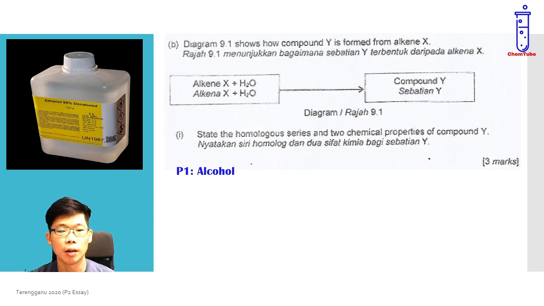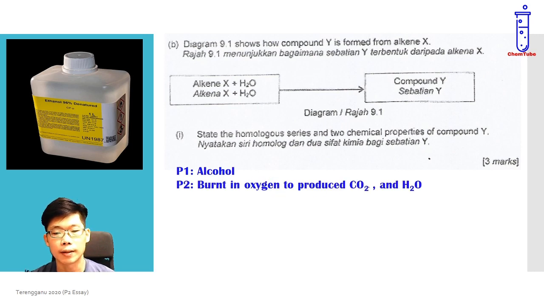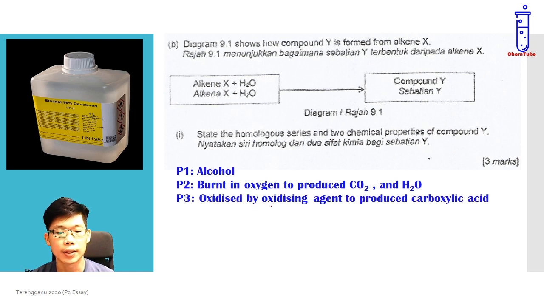So the homologous series for the compound Y is alcohol. Then the 2 chemical properties of the alcohol: it can burn in oxygen to produce carbon dioxide and water, and it can be oxidized by an oxidizing agent to produce a carboxylic acid. So 3 marks.